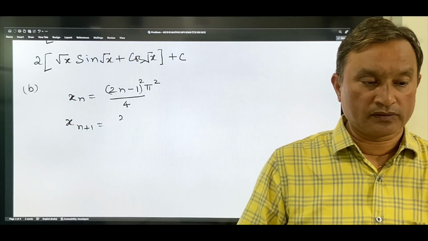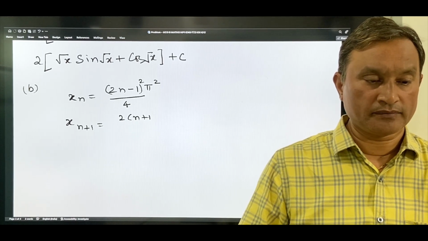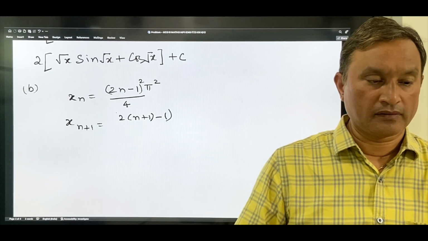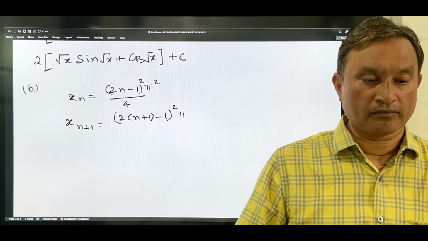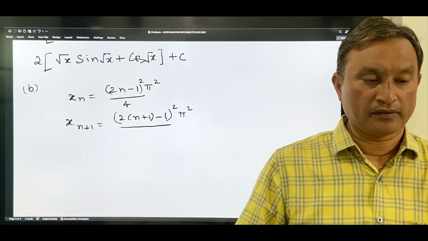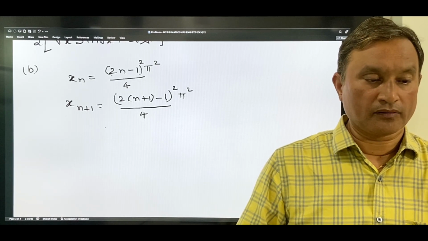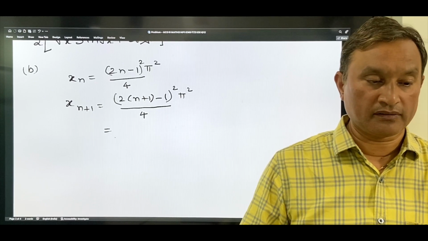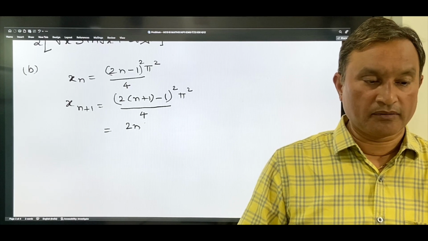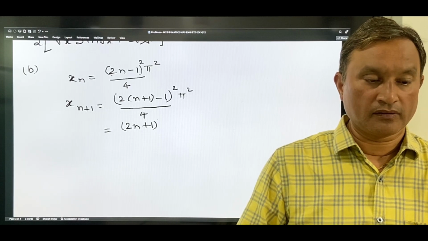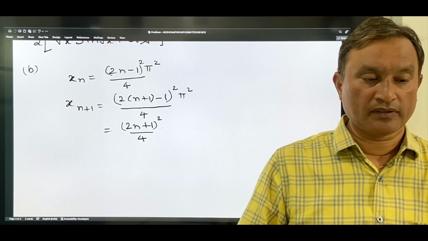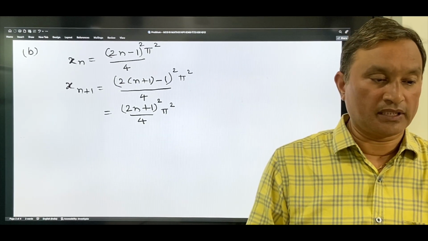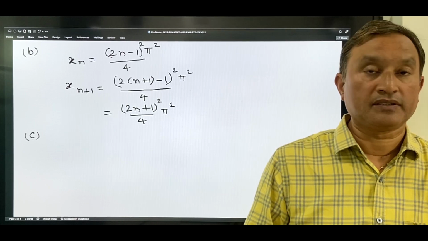So (2(n plus 1) minus 1) whole squared pi squared upon 4. We will simplify. So 2n plus 2 minus 1, so it would be (2n plus 1) whole squared upon 4 into pi squared. So this is the answer of B part. Now we will proceed to C part here.